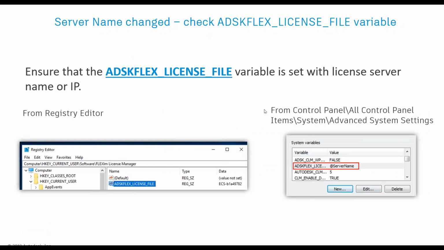And always another note, if you're using the variable ADSK flex license file, make sure that there is no conflicting information between the value that we have in the registry and the one that we set up from the control panel. I've seen many times that these 2 values are not matching because the registry usually stores also old values.